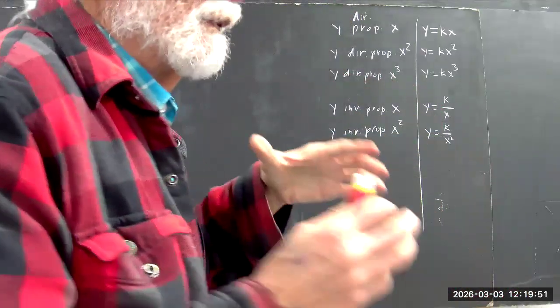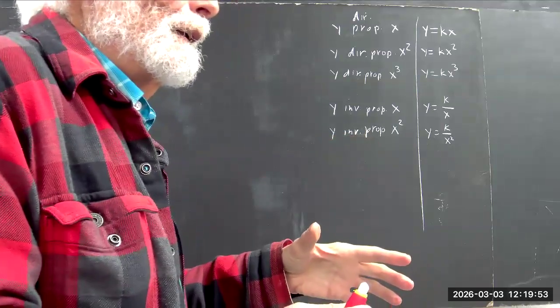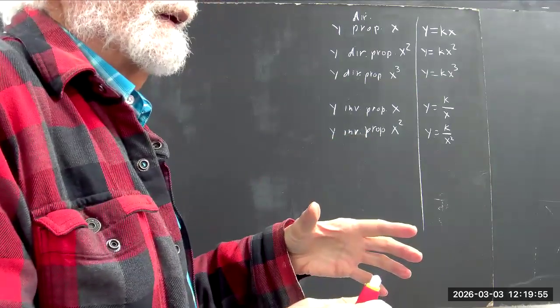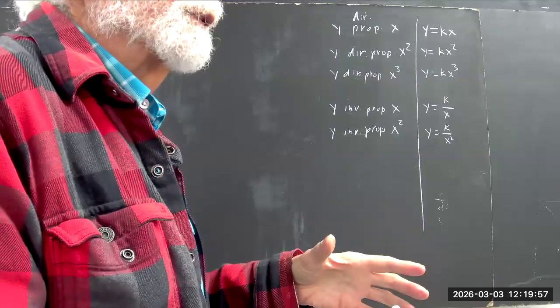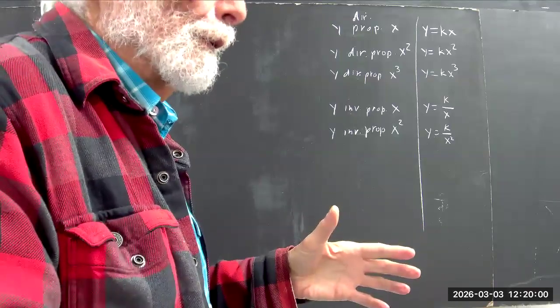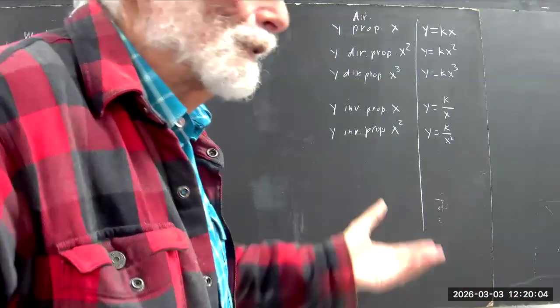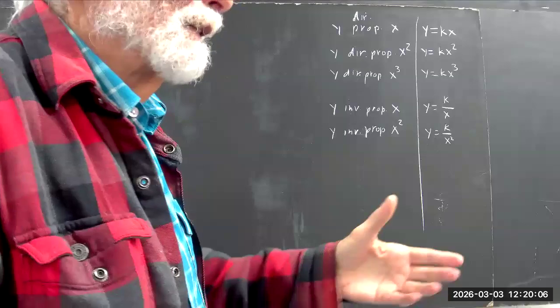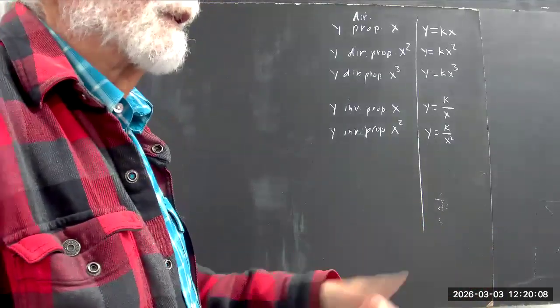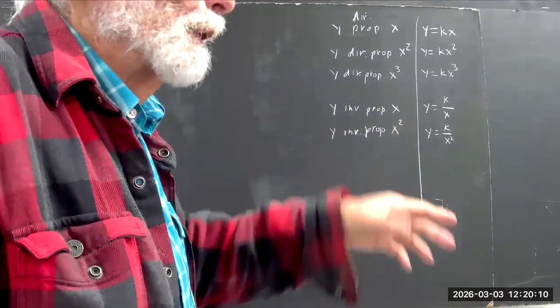Gravitational attraction of the Earth is inversely proportional to how far you are from the center of the Earth. As long as you're not down inside the Earth, that messes things all up. You go 50 miles down inside the Earth, you're going to vaporize.